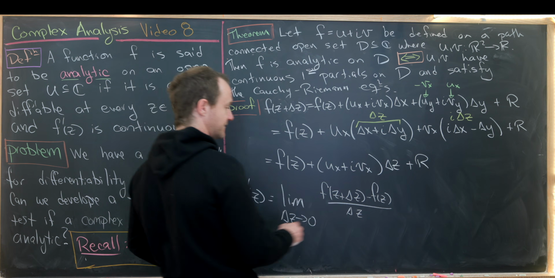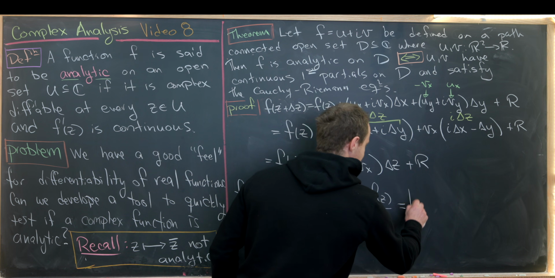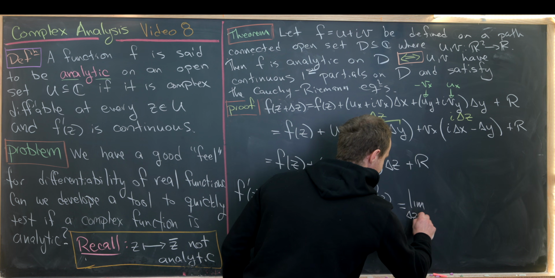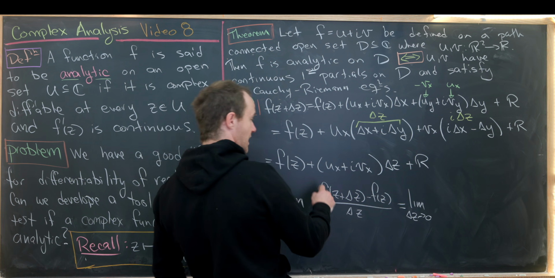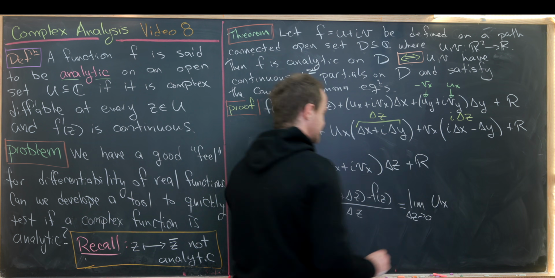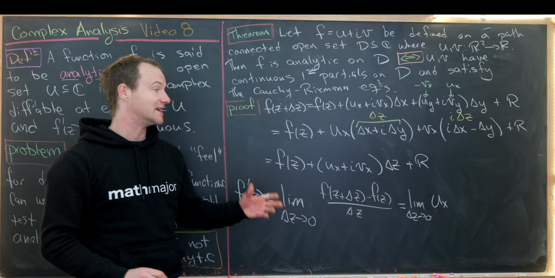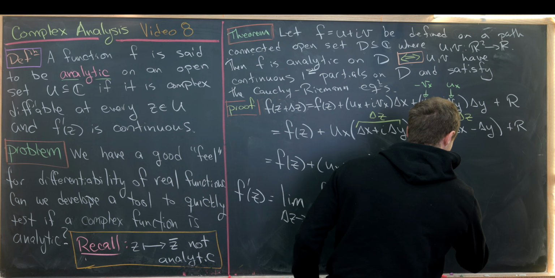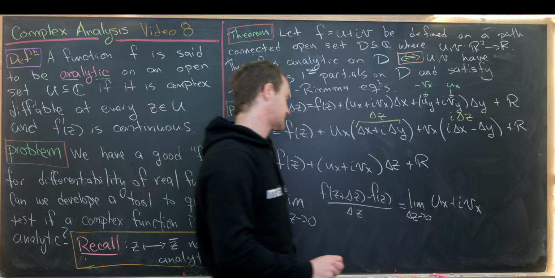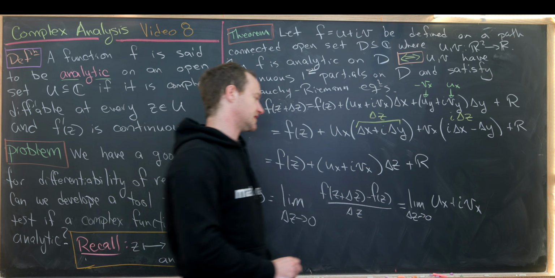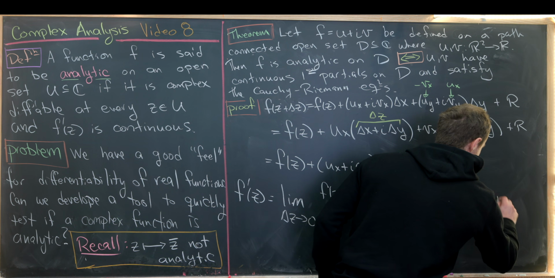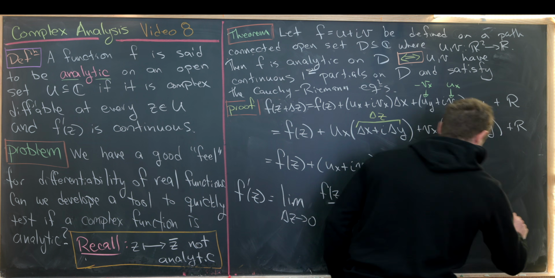So now I can rewrite that as the limit as delta z goes to 0 of u sub x. Notice the delta z over delta z cancels out, plus i v sub x. Notice again, the delta z over delta z cancels out, plus our remainder over delta z.